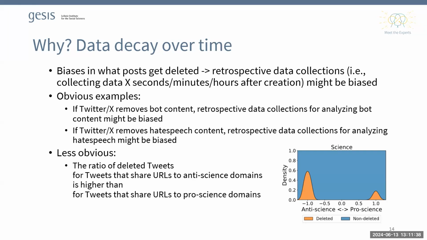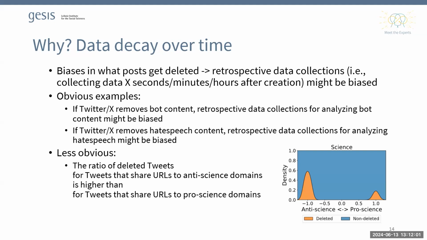But there are also some less obvious examples of data decay and of the biases that brings. In one study, we analyzed the ratio of deleted tweets, and we compared tweets that share URLs to anti-science domains versus tweets that share URLs to pro-science domains.